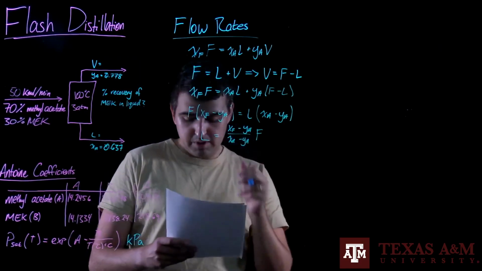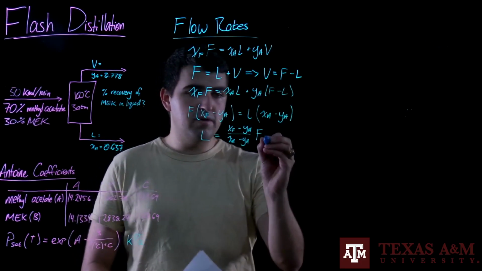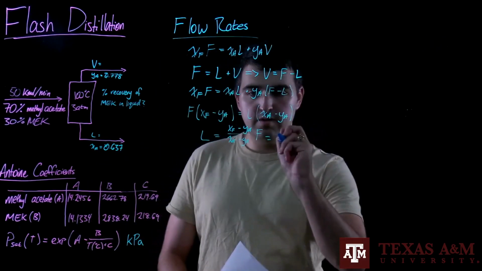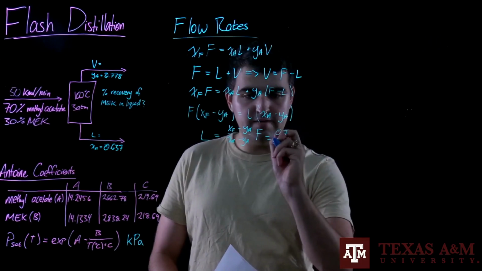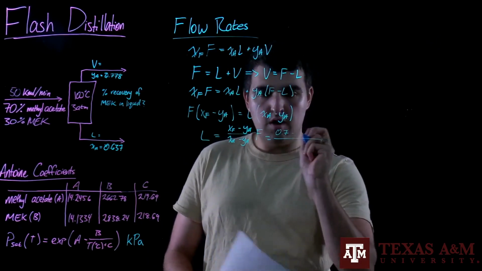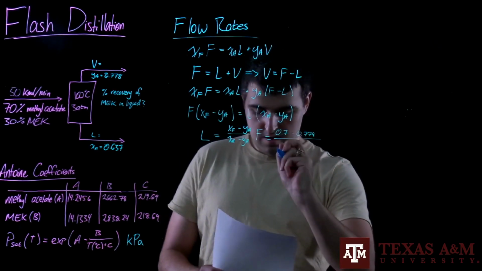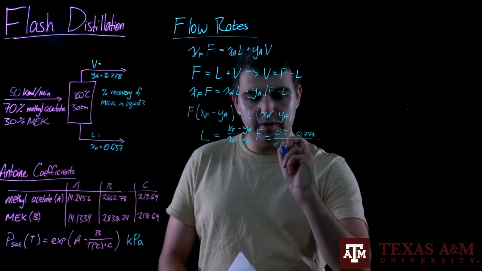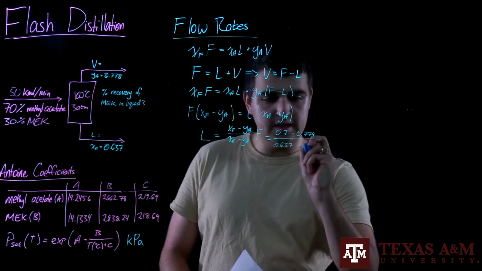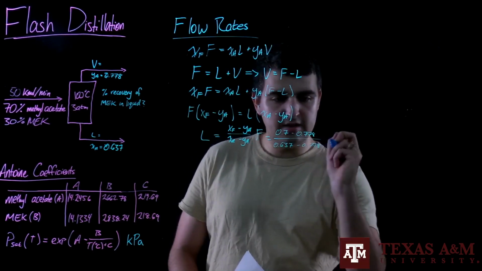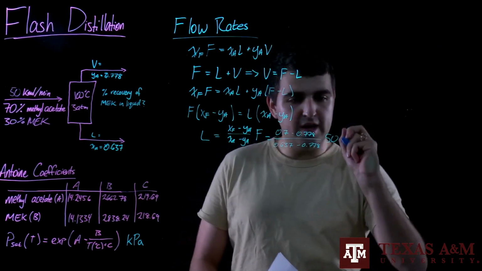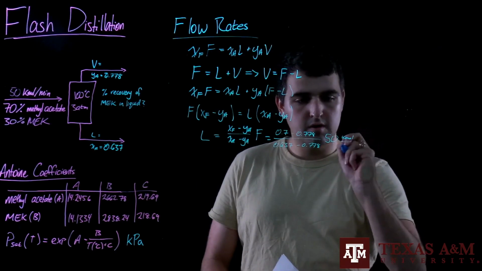Once we have this, we can plug in all of the values that we know. We have XF is 0.7. Our YA is 0.778. Our XA is 0.637, and the same 0.778. And we multiply this 50 kilomole per minute.